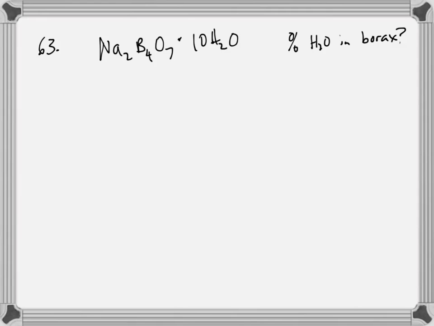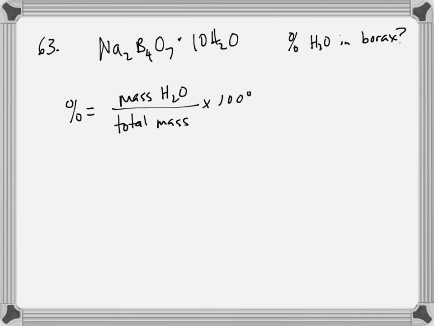What do we have to do to figure out a percent? We need the mass of water, and we'll divide it by our total mass. Okay, and then officially, just in case I forget it, times 100%. Okay, how do we get the mass of water?